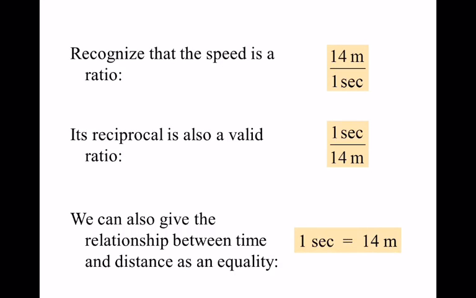So when we unpack 14 meters per second, there's no uncertainty brought by the 1 in the 1 second. The reciprocal or the flip is true: for that particular loon, in 1 second it will fly 14 meters. We could also flatten it out and make it an equality: 1 second is equal to 14 meters.